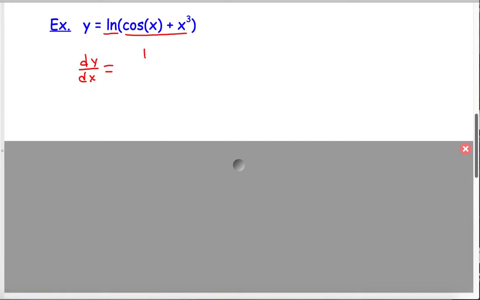That would be 1 over something, so 1 over the argument. Okay, and then the chain rule, so times, so we've taken care of the natural log. Now let's take the derivative of the inside, and I'm going to need parentheses here. The derivative of cosine is negative sine, and the derivative of x cubed is 3x squared.